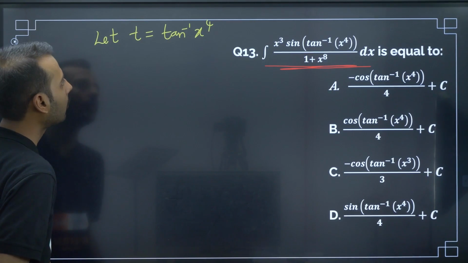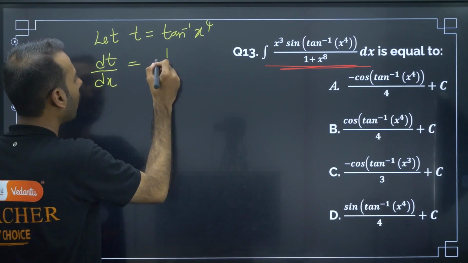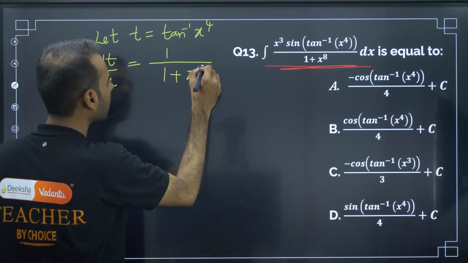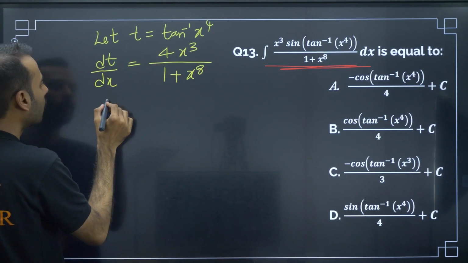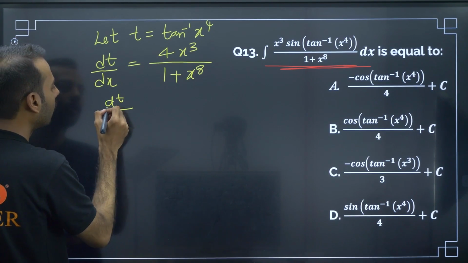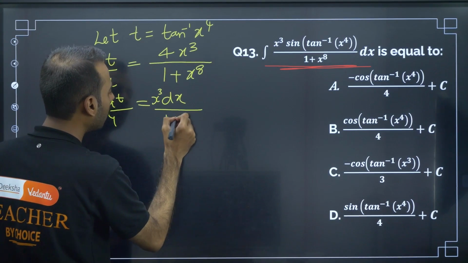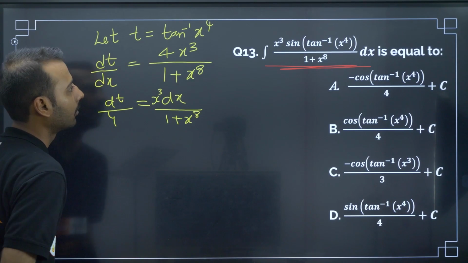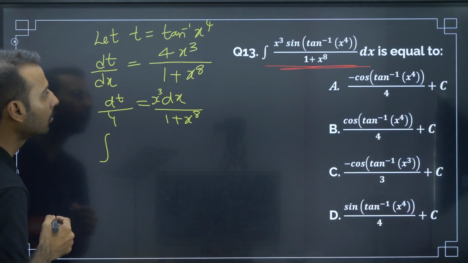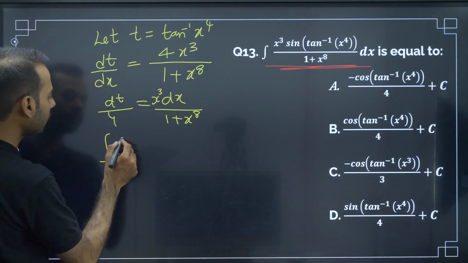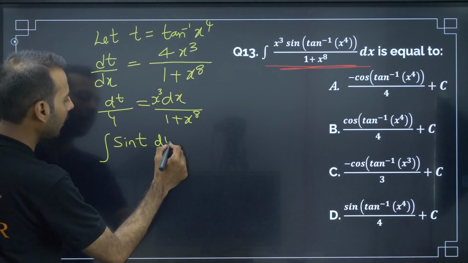Let t is equal to tan inverse x4. dt by dx is 1 by 1 plus x8 times 4x cube, so dt by 4 is equal to x cube dx by 1 plus x8. So the integral of x cube dx by 1 plus x8 becomes sin t, and everything remaining becomes dt by 4.